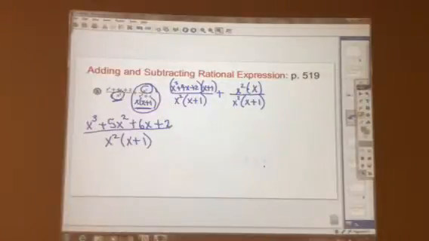Now the numerator on the fraction on the right side, I will multiply x squared times x and get x cubed over our common denominator.